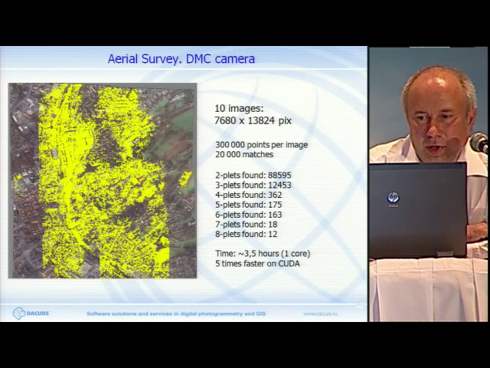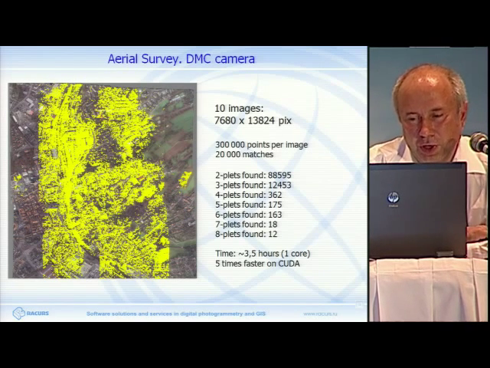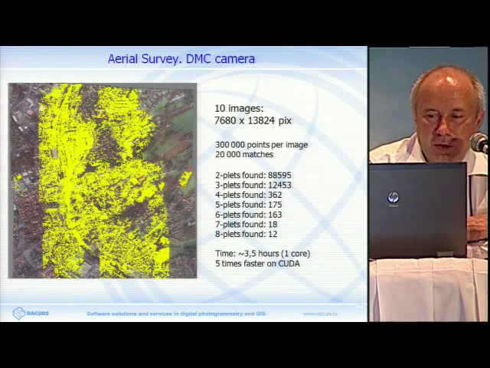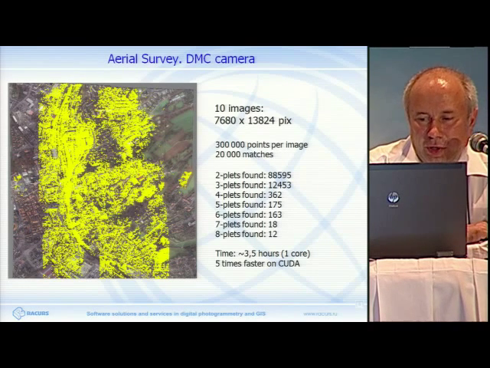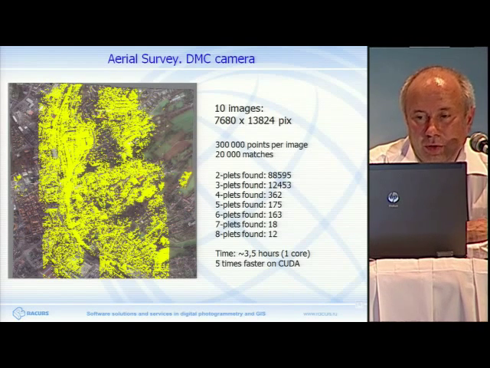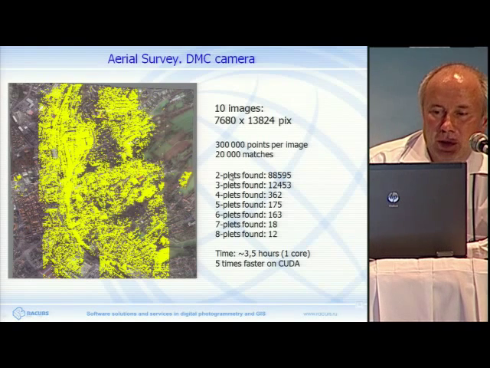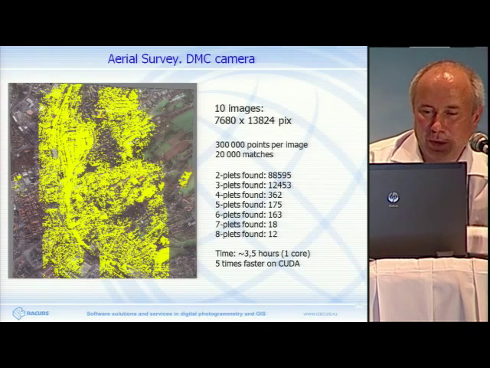Like I said, it's going to be mainly used for unmanned aerial systems. But it does not mean that you cannot use other sources. So in this particular case, we ran a test and it took 3.5 hours to perform the task using one core. But you can expedite it and do it 5 times faster on CUDA.